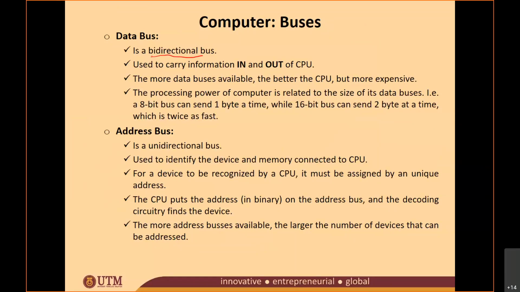So all of the information from your input/output or your memory will be carried using the data bus. The more data buses available, the better the CPU, but more expensive.